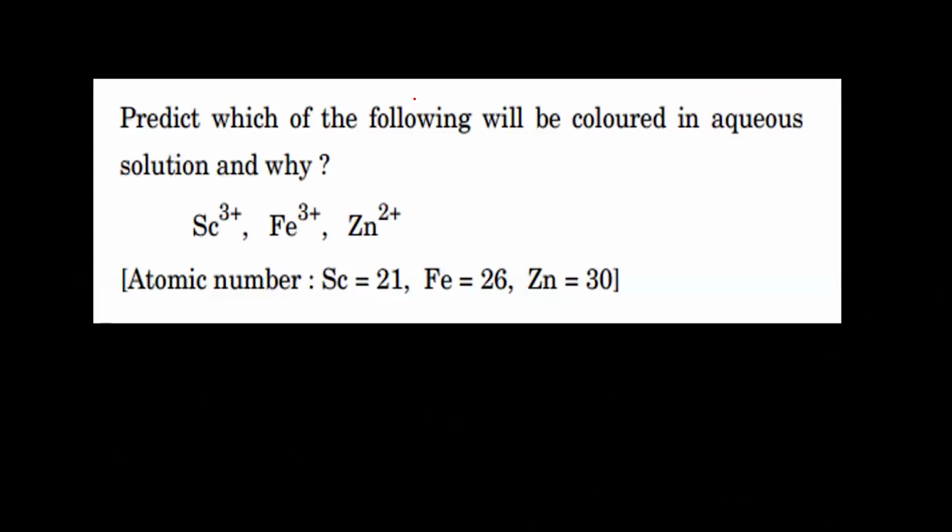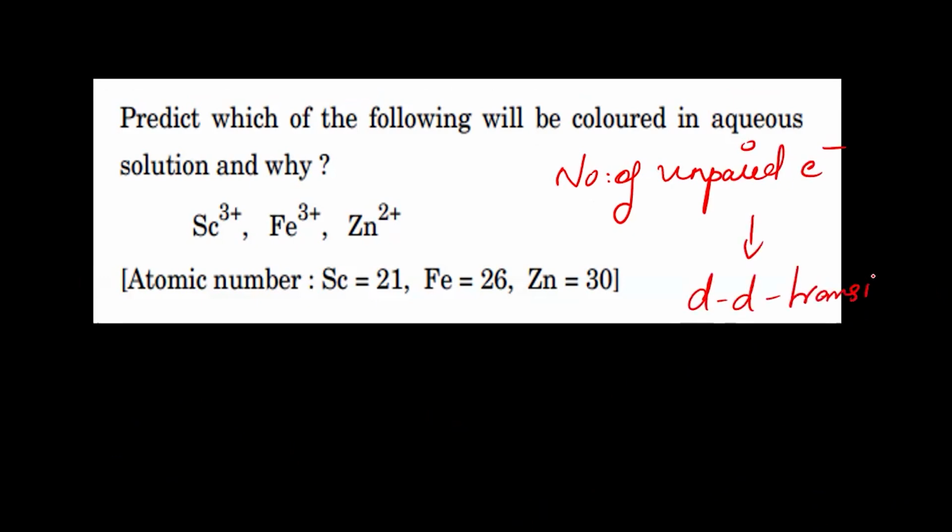Predict which of the following will be colored in aqueous solution and why. Okay, which of the following will be colored? So color depends upon the number of unpaired electrons. If unpaired electrons are present, d-d transition will take place. So that means color.